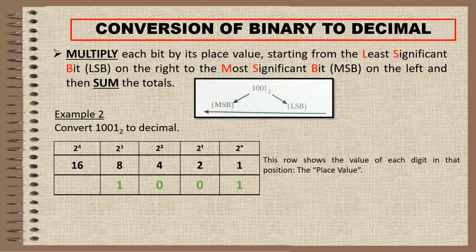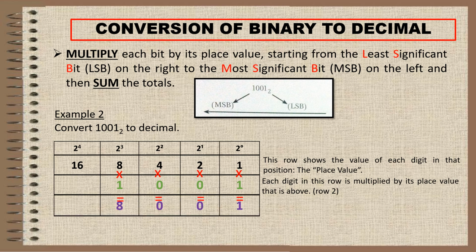After we do that, we're going to now multiply. We're going to multiply by its place value that is above in row number 2. So once we do that, starting again from the right hand side, 1 multiplied by 1 is 1, 2 multiplied by 0 is 0, 4 multiplied by 0 is 0, and 8 multiplied by 1 is 8.